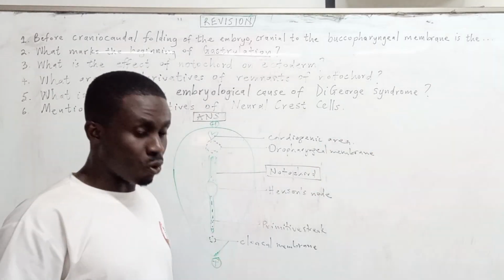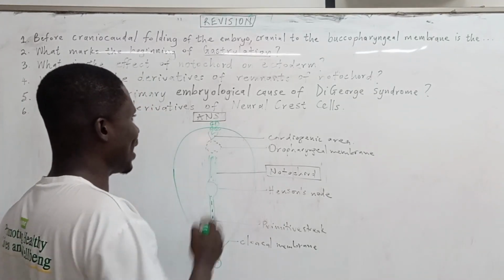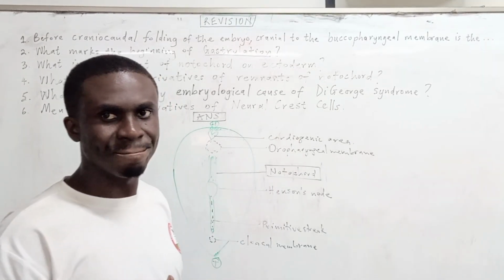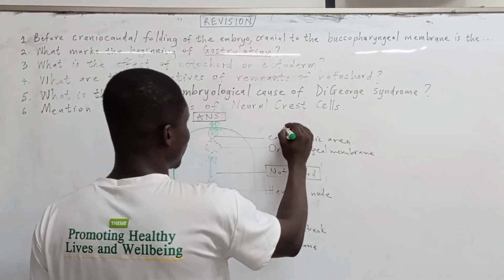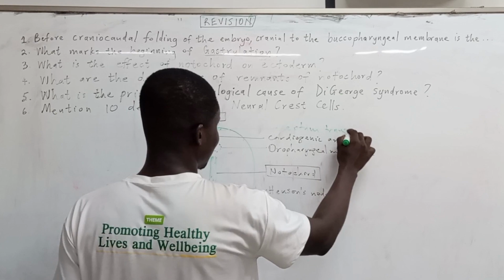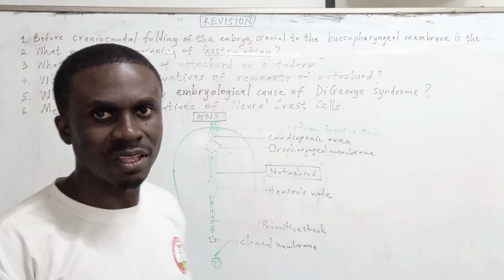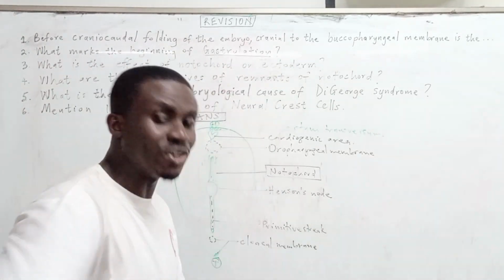And one thing that we will also realize later is that even cranial to this developing heart will be the region we call the undifferentiated lateral plate mesoderm, which we've seen already, the septum transversum. So the septum transversum will even be cranial to it. Now, I'm talking about before craniocaudal folding of the embryo.